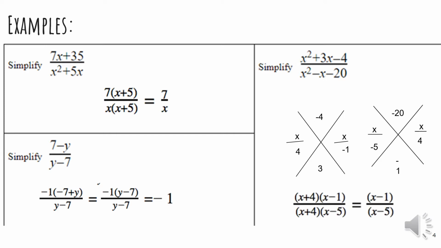We rewrite our polynomial expression in the numerator as x plus 4 times x minus 1 over our polynomial expression in the denominator of x plus 4 and x minus 5. We notice there's an x plus 4 in both the numerator and the denominator, so those cancel each other out, leaving us with our answer of x minus 1 over x minus 5.